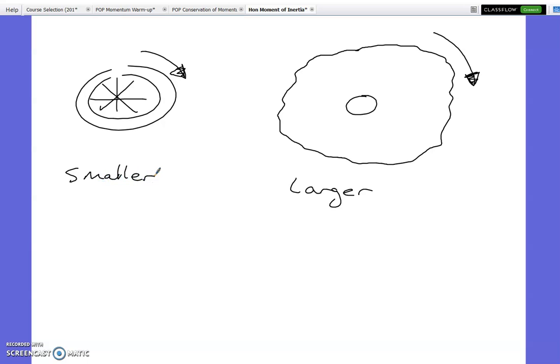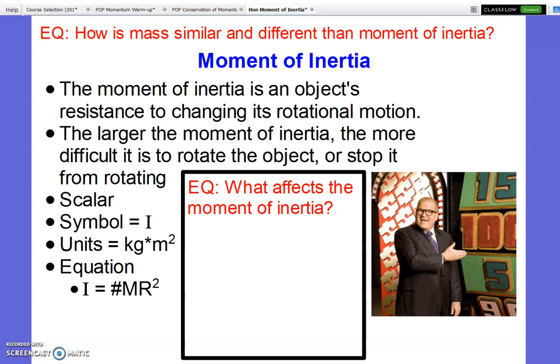The larger the moment of inertia, the more difficult it is to spin it, or the more difficult it is to get it to stop spinning once it is moving. So therefore, the larger the moment of inertia, the more difficult it is to rotate the object or stop it from rotating. Now, just like mass, moment of inertia is a scalar.